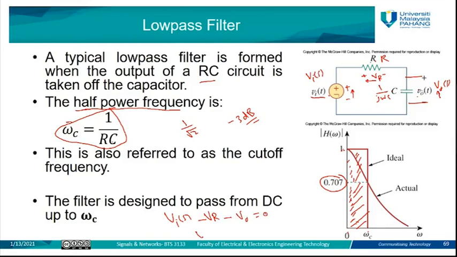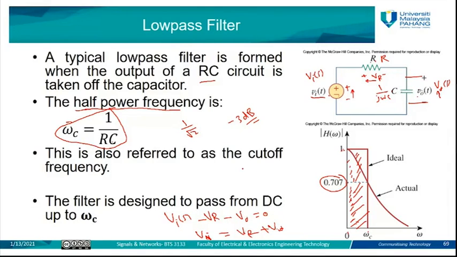Then this can be moved to the other side, so V in is equal to VR plus V out. Now you need to substitute for VR by its value, and V out by its value. So V out here, give it here, because we need it in our transfer function.